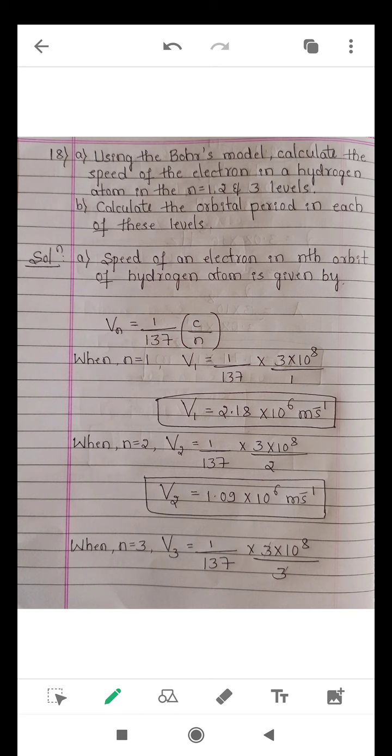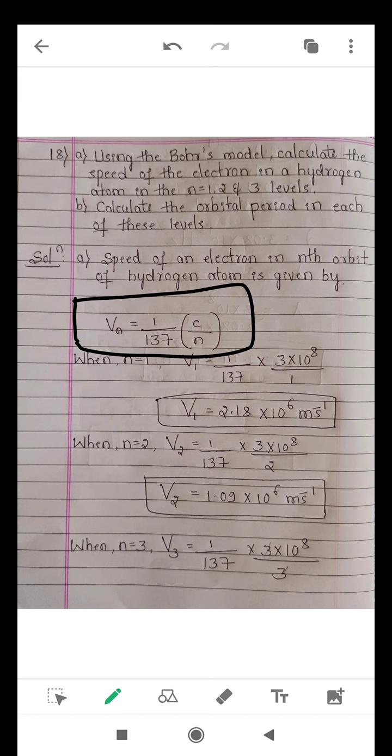So we'll see the solution for the first sub-question, A. To find the speed of an electron in its nth orbit of hydrogen atom, that is given by one direct equation. So that is Vn is equal to 1 divided by 137 into C divided by n.